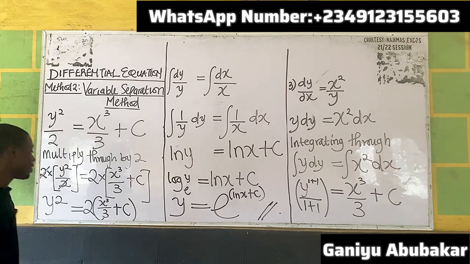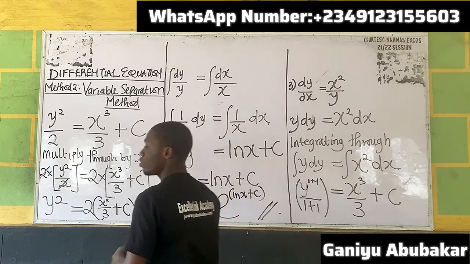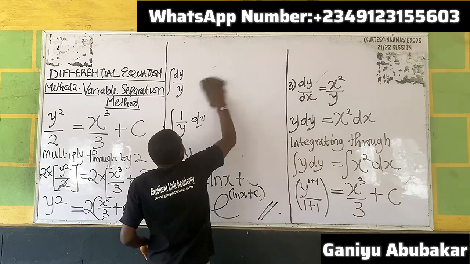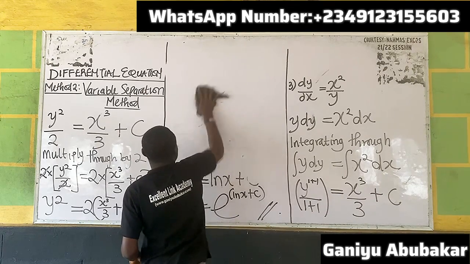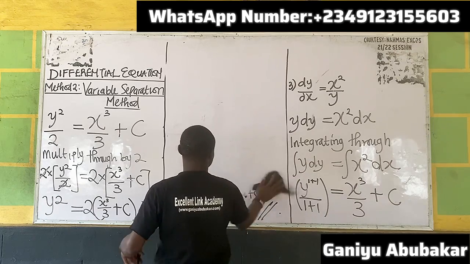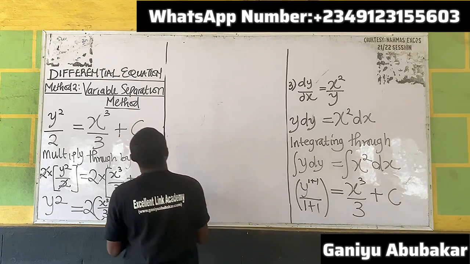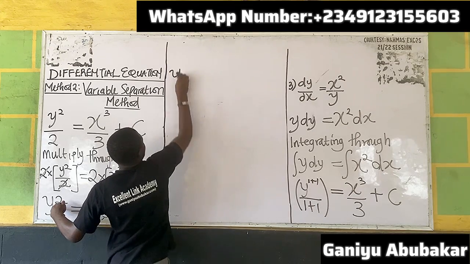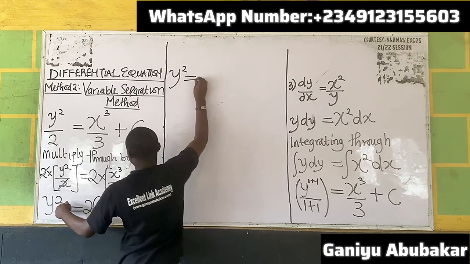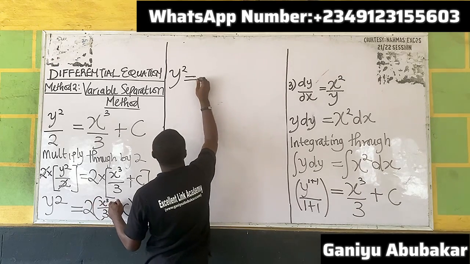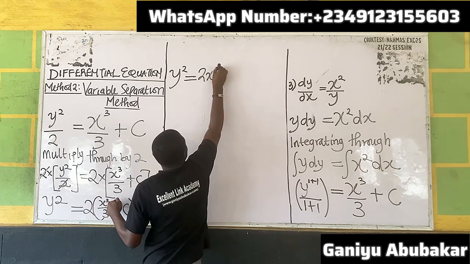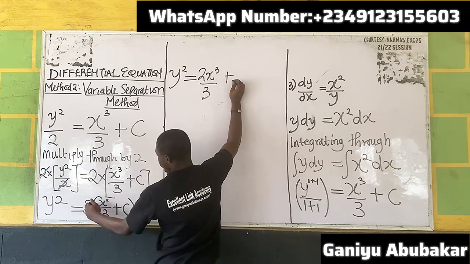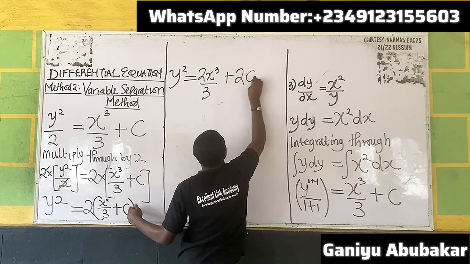Let's see what we get. From here, you have y squared equals 2 times x cubed, which gives you 2x cubed over 3, plus 2 times c, which gives you 2c.